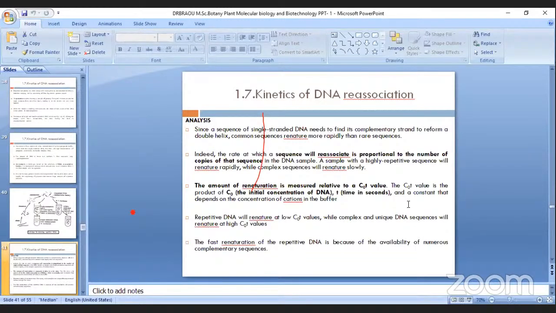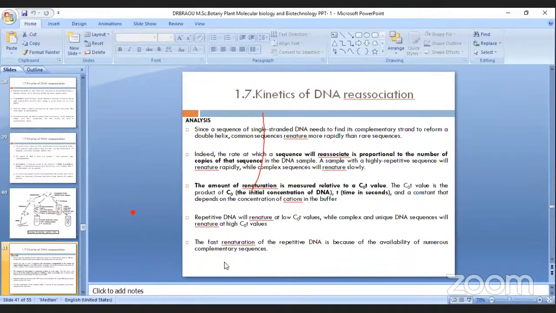Repetitive DNA will renature at low COT values, that means in less time you see more renatured DNA. Complex and unique DNA sequences will renature at higher COT values, that means it will take more time to renature.